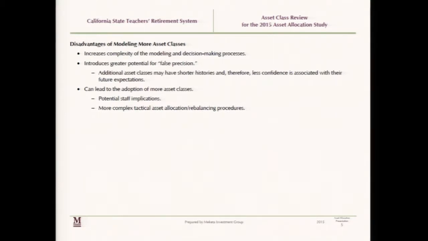One other piece, and this is a more meaningful disadvantage, is from a tactical asset allocation perspective, where staff has some discretion to move assets around, as well as from a rebalancing perspective. For instance, as Steve mentioned, at the end of this process you could look at the models for US equity and emerging market equity and decide you still want global equity with one target, or you could have a distinct target of 20% to US equity and 5% to emerging market equity.